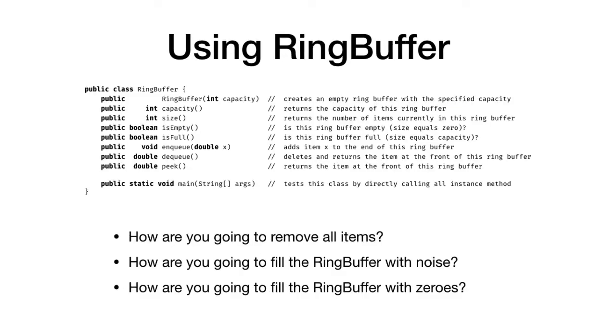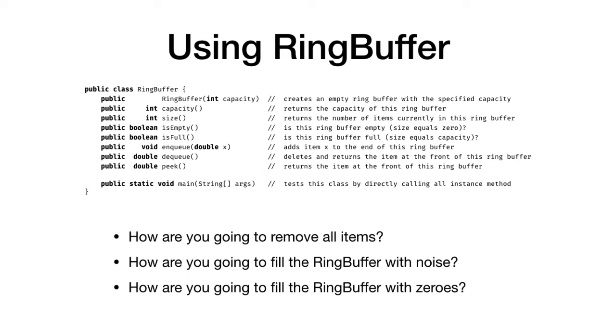The question that you're going to ask yourself, and it may be useful to think about it in the abstract before you start actually working on GuitarString, is: remember the goal of this assignment is how to piece together objects. So the important question we're asking you is, how are you going to be using RingBuffer from within GuitarString? Here are a couple of questions to get you thinking about how to use the API.